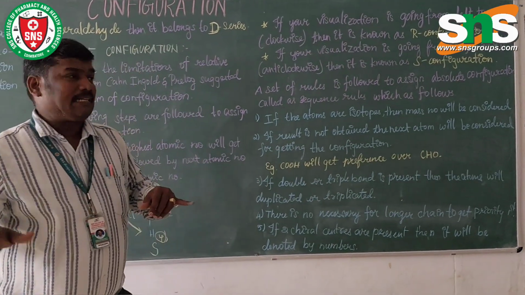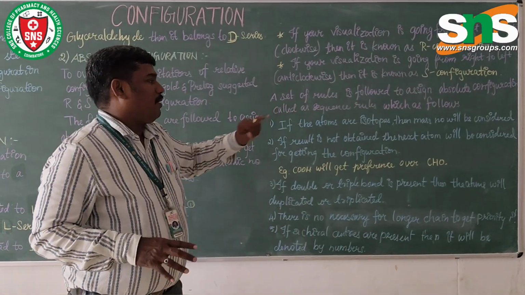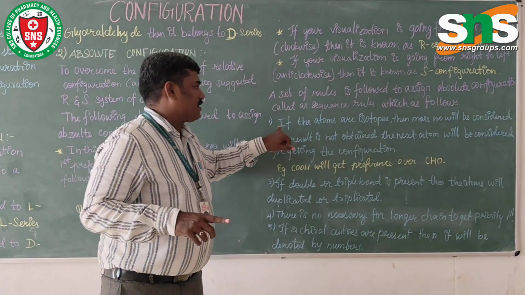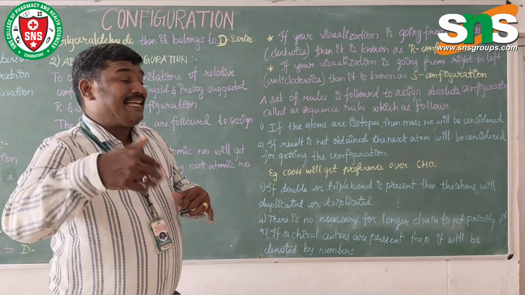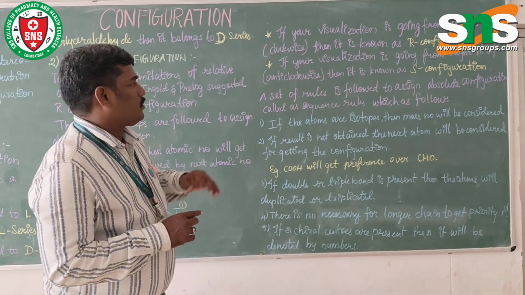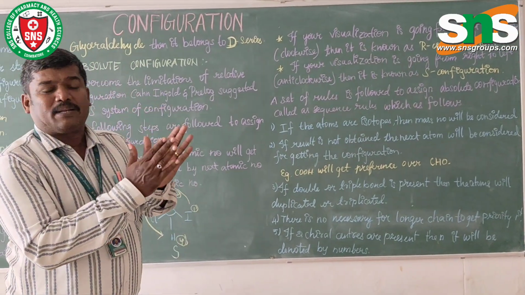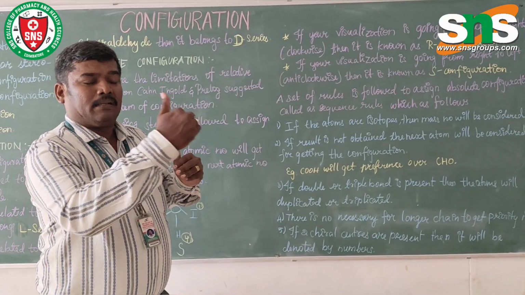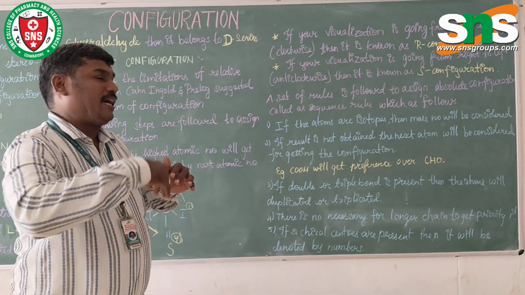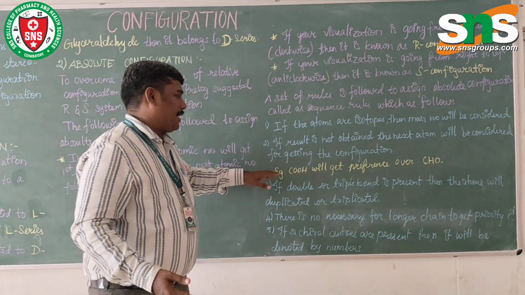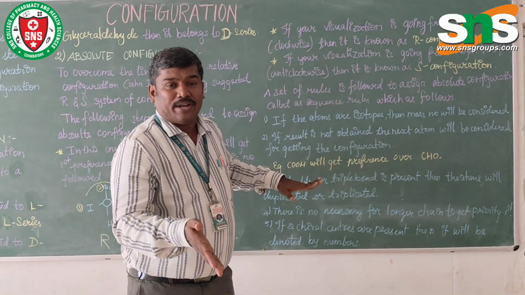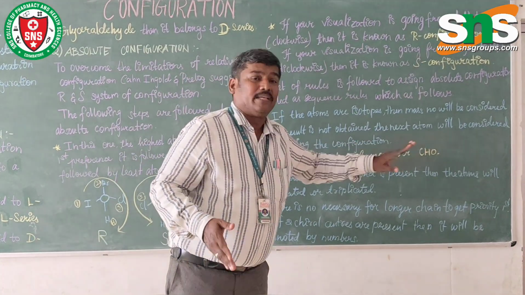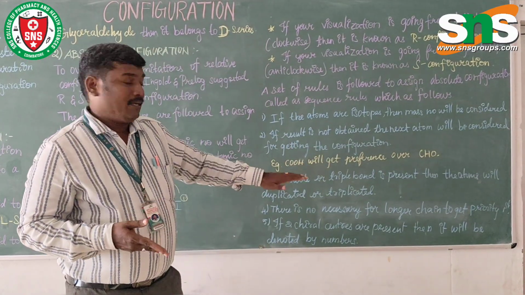If the result is not obtained by rule number 1, then the next atom will be considered. Normally we take the first atom, and if both atoms are the same, we go for the next atom. Here is the example: carboxylic acid COOH will get preference over the CHO aldehyde group.